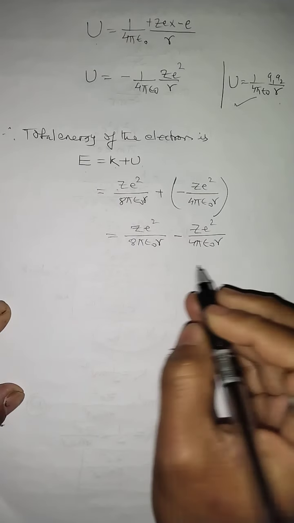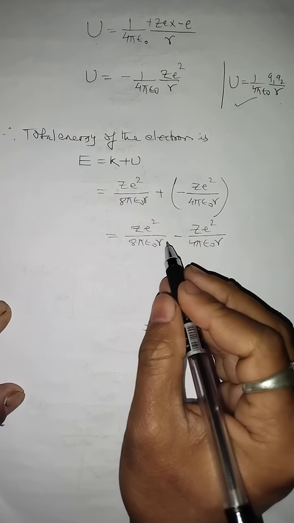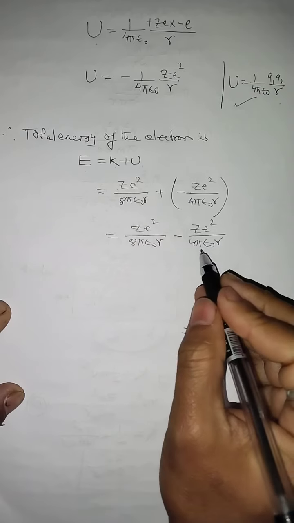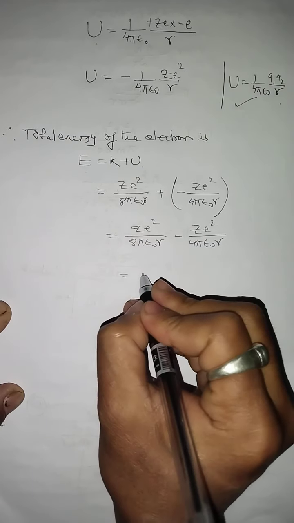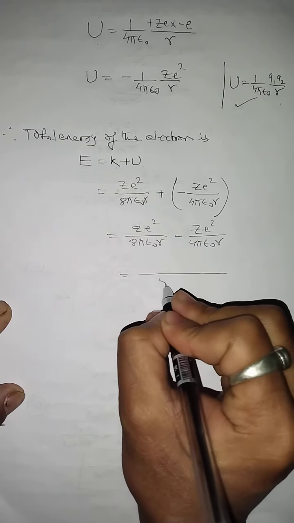Now we can see the LCM of 8 pi epsilon naught R and 4 pi epsilon naught R. The LCM will be 8 pi epsilon naught R only.